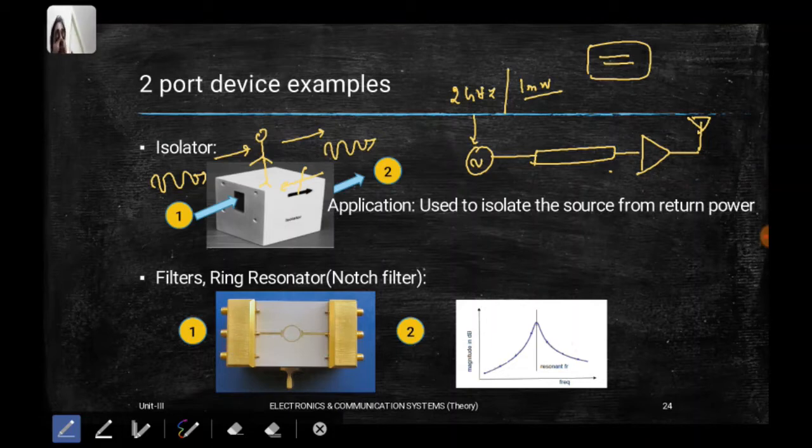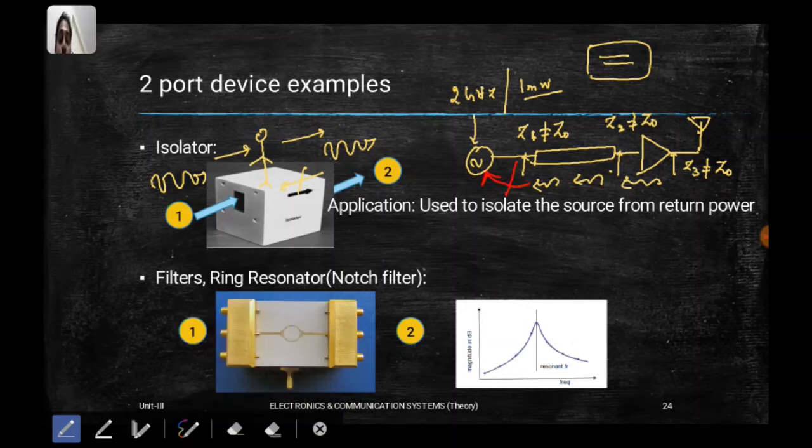So here, for example, if at any point the impedance is not matched, some arbitrary impedance, then we'll start getting reflection. Once reflection happens, it should not affect my source.